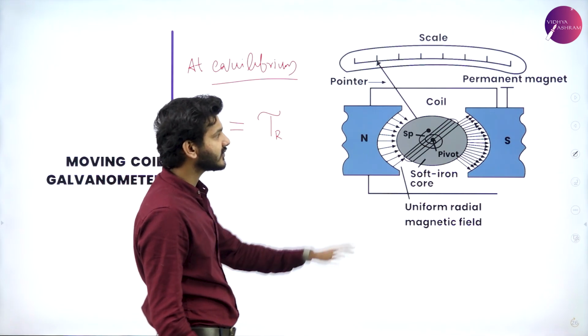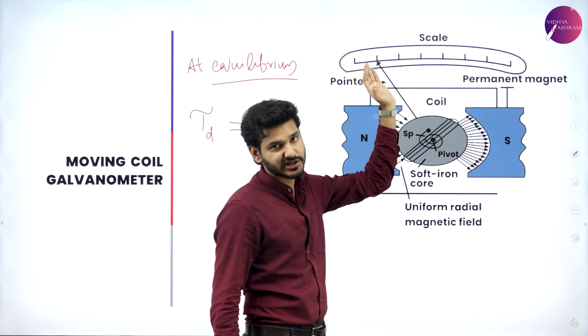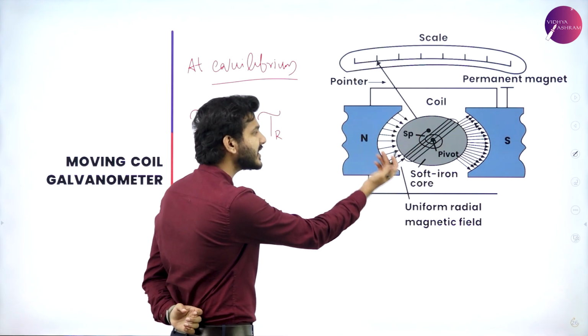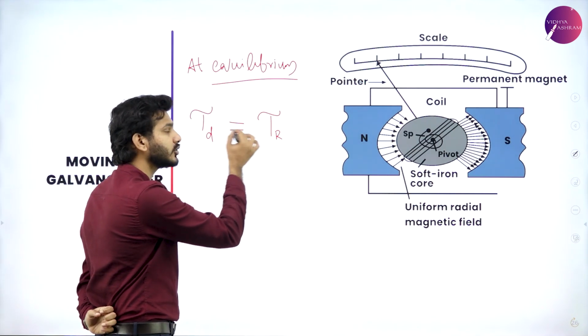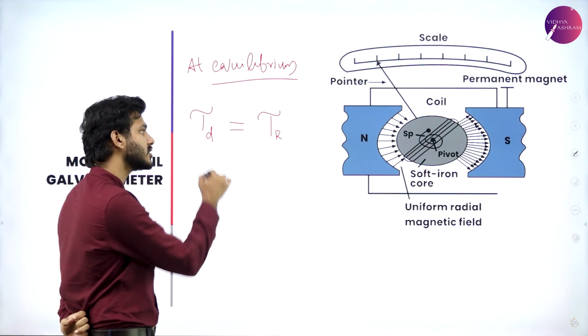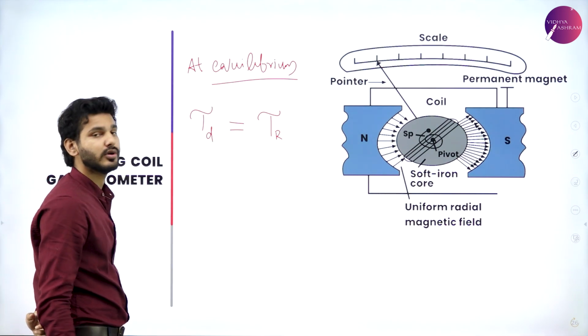That is, afterwards, when the current flow is cut off, the needle should return to its initial position. For that, the spring will apply a torque. That particular torque is known as the restoring torque, denoted by tau r. Now we can say that tau d is equal to tau r.